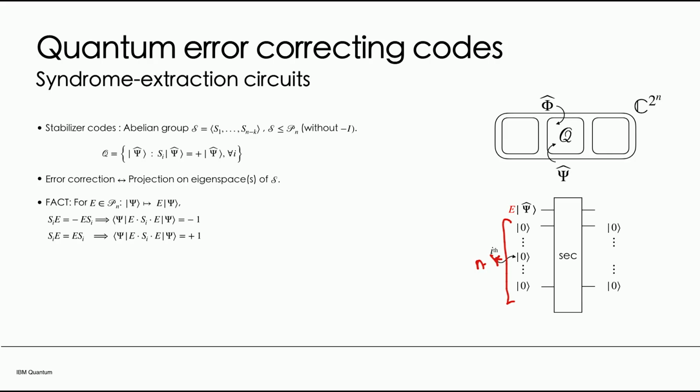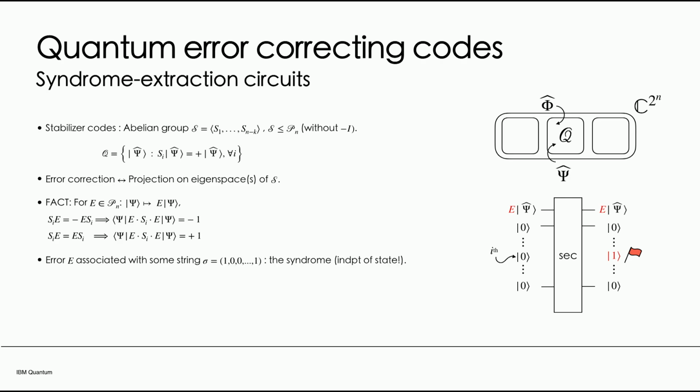So if you have E times psi, and I were to tell you that the error you're looking for certainly anti-commutes with the ith generator, then the ith qubit is going to throw up a flag, and using that you can say, okay, I'm no longer in my code space, I need to do something.